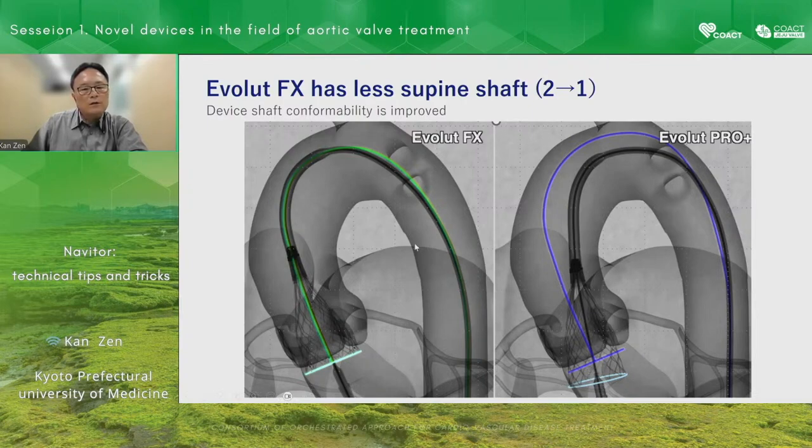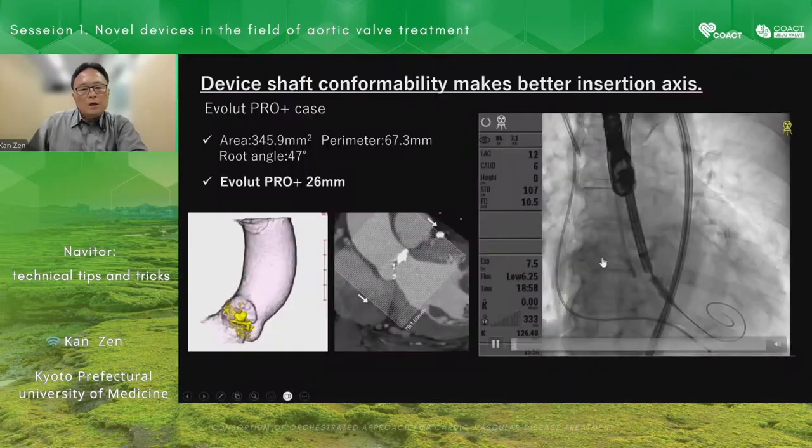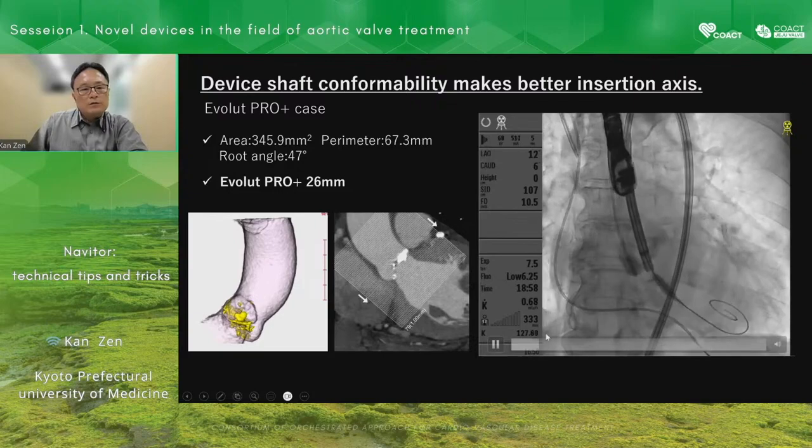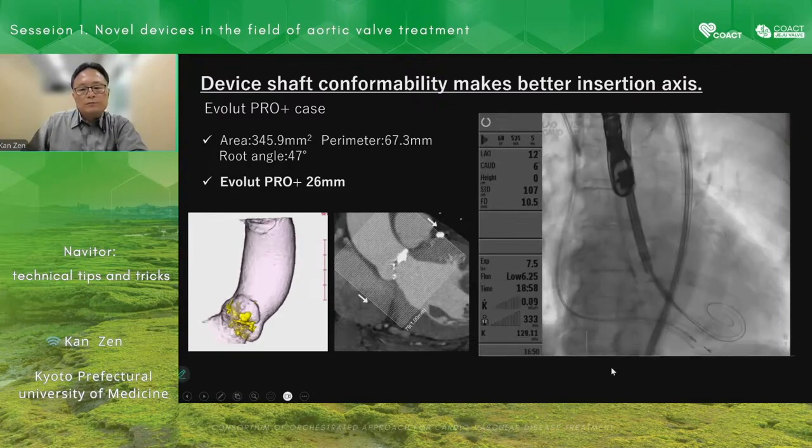On the other hand, the softer shaft Evolut FX runs along the inside, the center of the aorta, and is more coaxial like this, and there is less gap between the membranes and the cover bar. I'd like to show you the actual Evolut case.